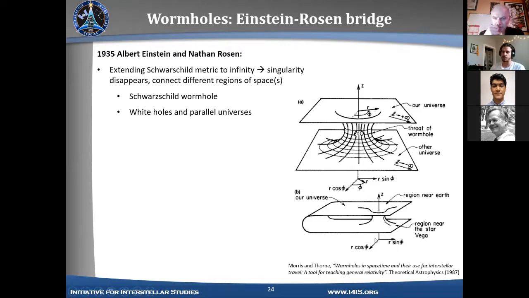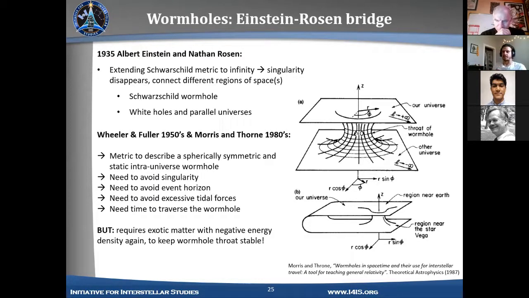So that's illustrated in the bottom. If you have a two-dimensional sheet, this idea of folding it over and just poking a hole through it. So this is the idea of extending the Schwarzschild metric to infinity, get rid of the singularity, and you can travel a much shorter distance through the wormhole than you would if you would just stay in your regular space-time.